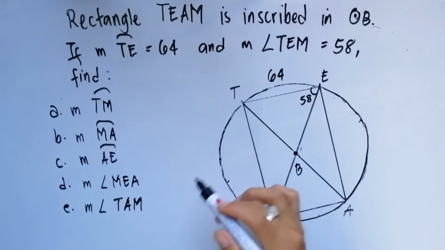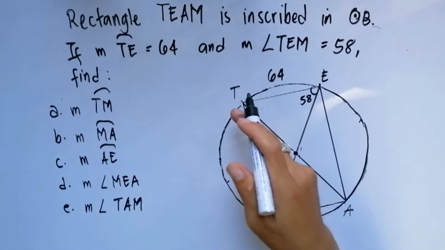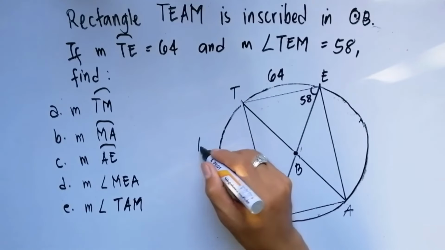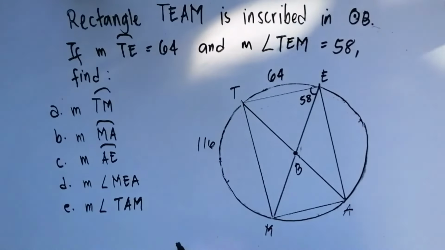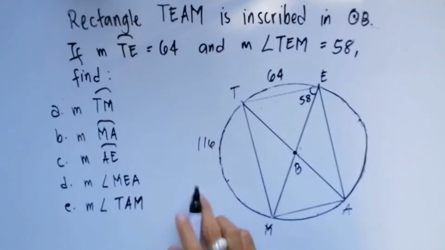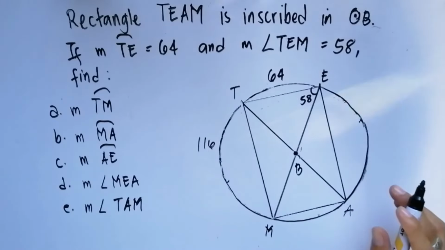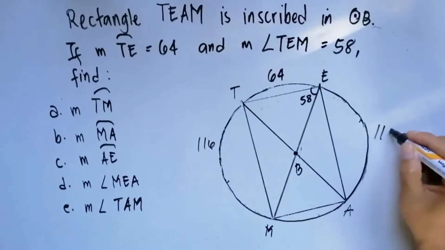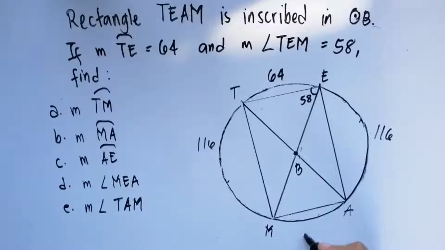So 180 degrees minus 64 is the measure of our arc, which is 116. So the opposite arc is also 116, and then this is 64.